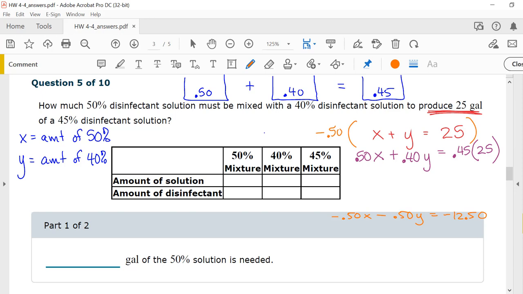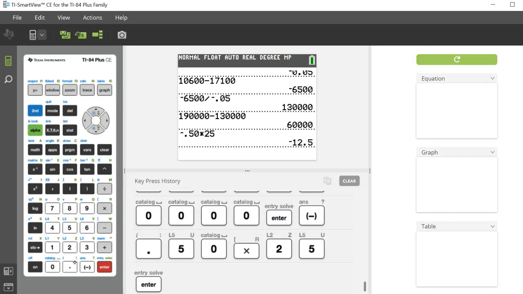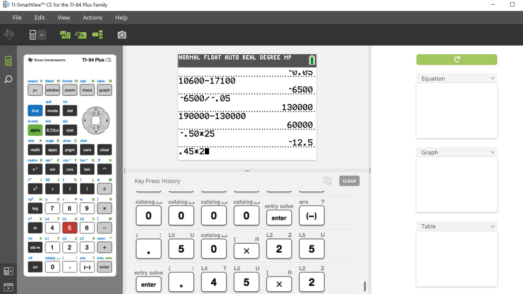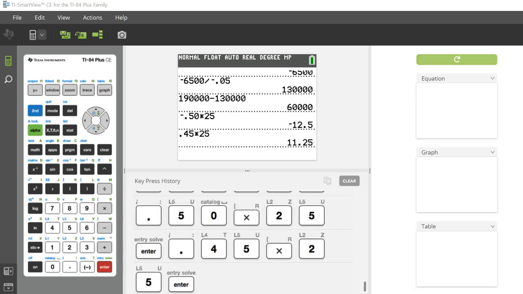Now my bottom equation, I'm going to keep the same, 0.50x plus 0.40y equals 0.45 times 25, which is 11.25.